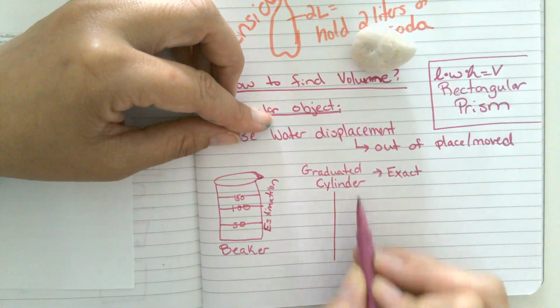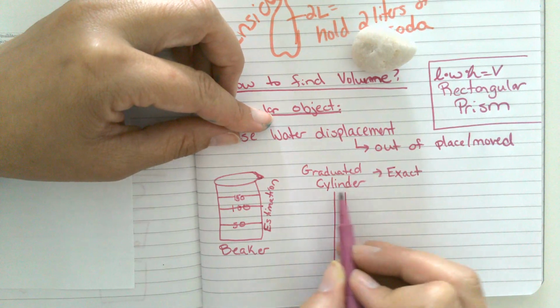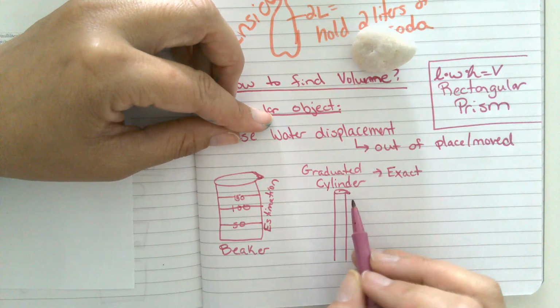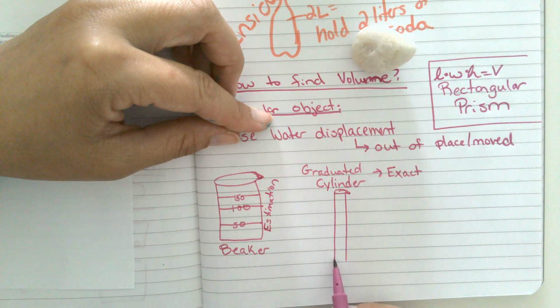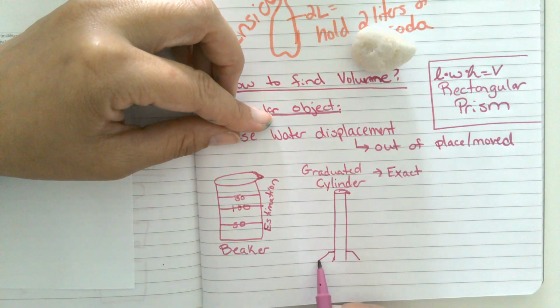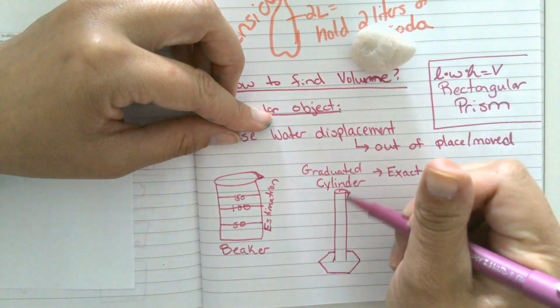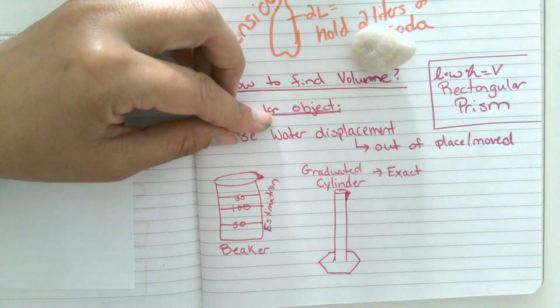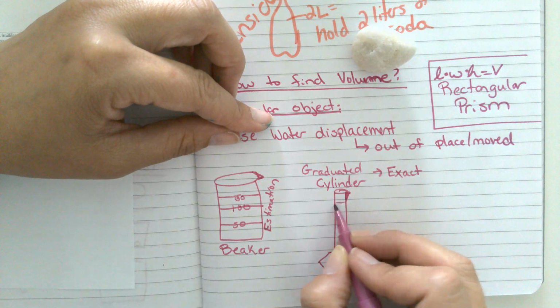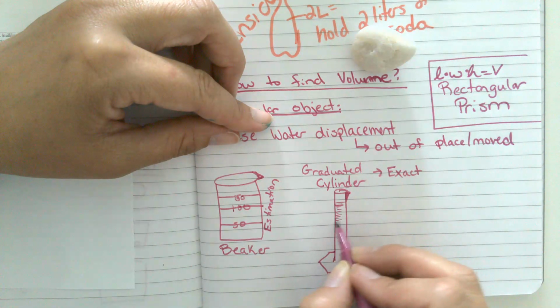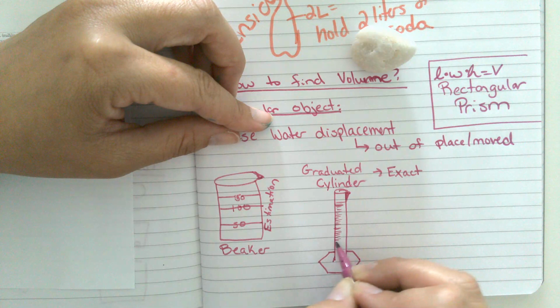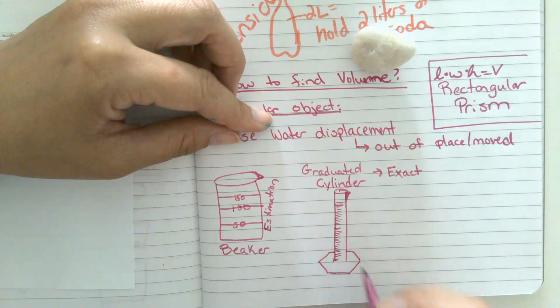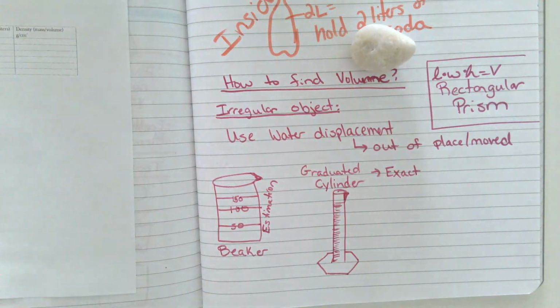They're usually very tall and cylindrical, which means a cylinder, hence the word. They usually have a really odd base that looks kind of like a hexagon or an octagon. That is our graduated cylinder, and it's marked off in itty bitty little marks.